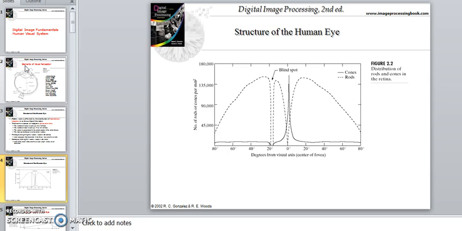The other two types have only a slightly different response curve and enable us to see colors in the spectrum from cyan to red. By combining the response of three types of cones in a small area of the retina, we are able to perceive any color. This process is called trichromacy.